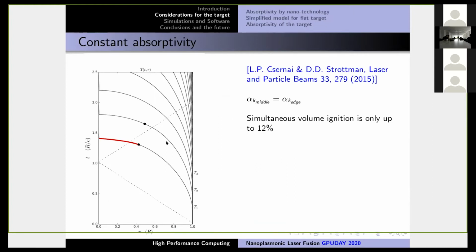If we hit with constant absorptivity, here is the light cone. We will see that before the light reaches the other part of the target, there is a small time-like front. However, this simultaneous ignition is only enough to heat a small portion of the target.